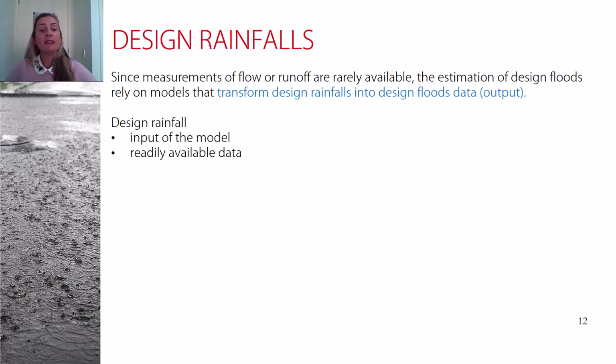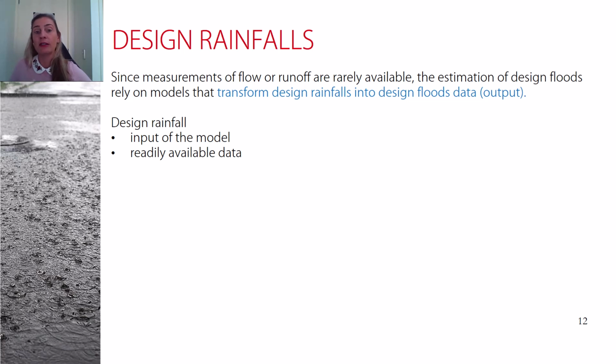Now, since measurements of flow or runoff are rarely available in catchments, the estimation of design floods relies on models, mathematical models, that transform design rainfalls into design floods. So it's much more common to have rainfall records than flood records.